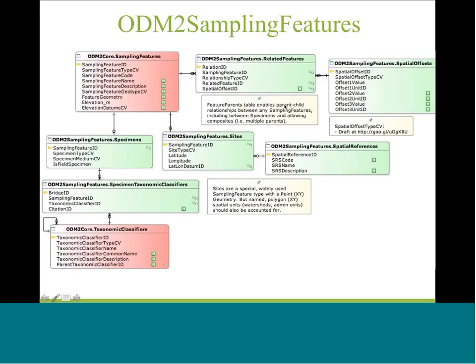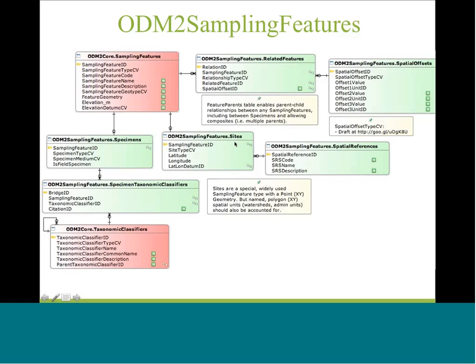Another core concept from observations and measurements is the idea that sampling features can be related to each other. And there are all sorts of ways in which you can relate them. So this table right here, this entity, describes those relationships. So you can have a specimen that is a sampling feature that is the child of the site.